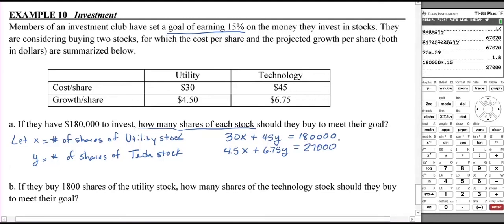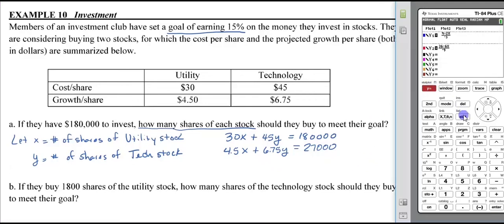Now, we have a system of equations that we can solve. Let's go ahead and use whatever method you would like to use. I can go ahead and put in y equals, give you more practice in putting that in. If you don't have that fancy fraction menu, then you can still do this with parentheses. 180,000, and we're going to subtract the 30x and divide by the 45.